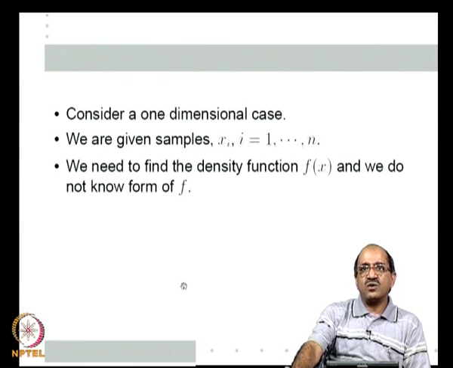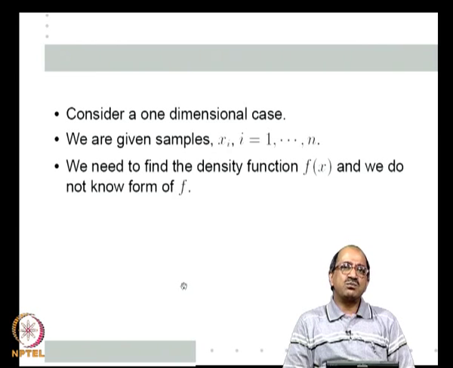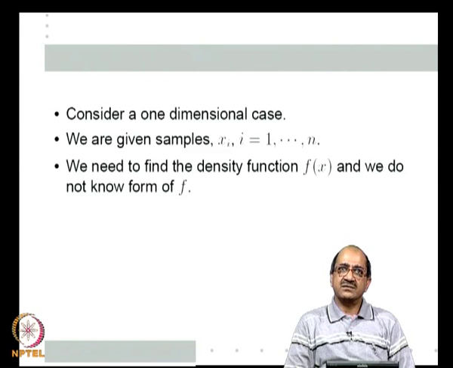One way I can think of doing it is if the density is sufficiently smooth, then it does not vary too fast. So, on any small interval, I can think of the density function value to be constant.